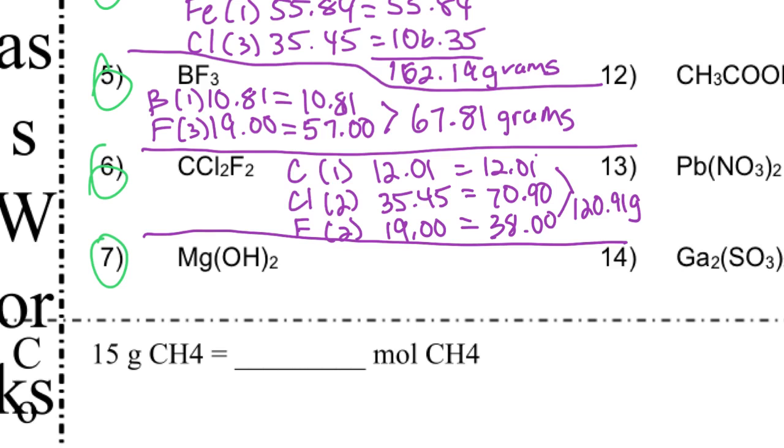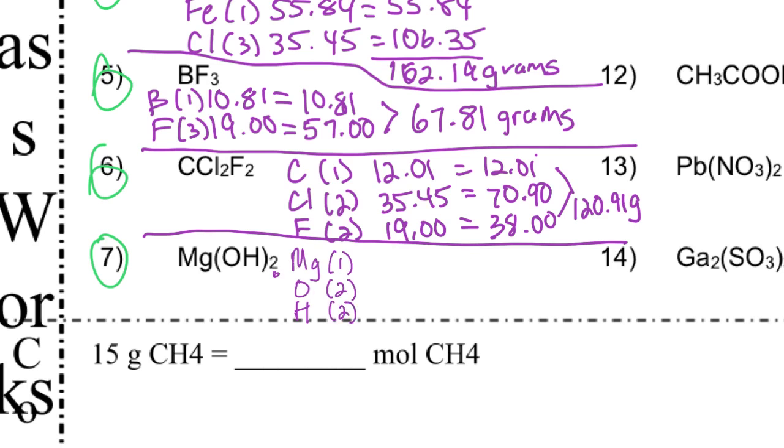So the first thing I'm going to do is list the elements. So I've got magnesium, I've got oxygen, and I have hydrogen. I have 1 magnesium. Now, because the 2 is outside the parentheses, it means everything inside is multiplied by 2. So I've got 2 oxygen and 2 hydrogen.